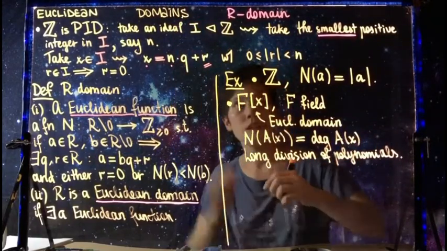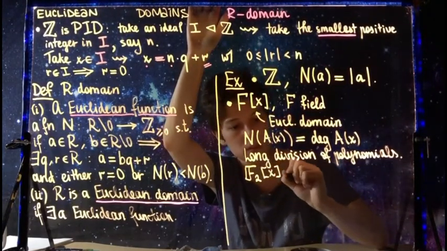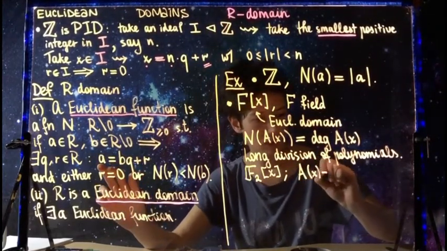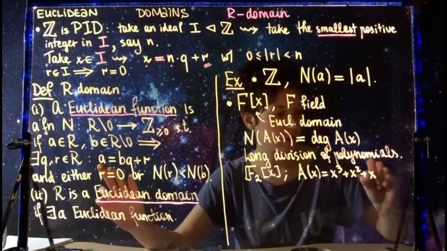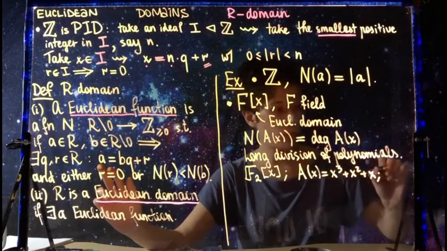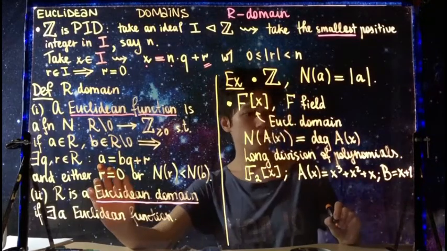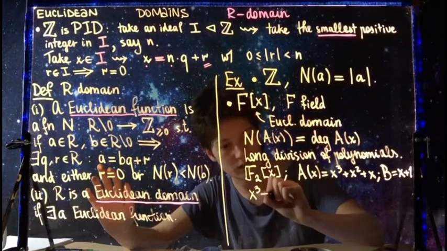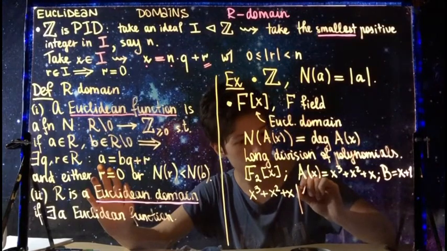So, for example, I want to take F2[x], and I take polynomial A(x) equal to x cubed plus x squared plus x, and I want to divide it by the polynomial B(x), which is x plus 1. Then I run the long division algorithm.